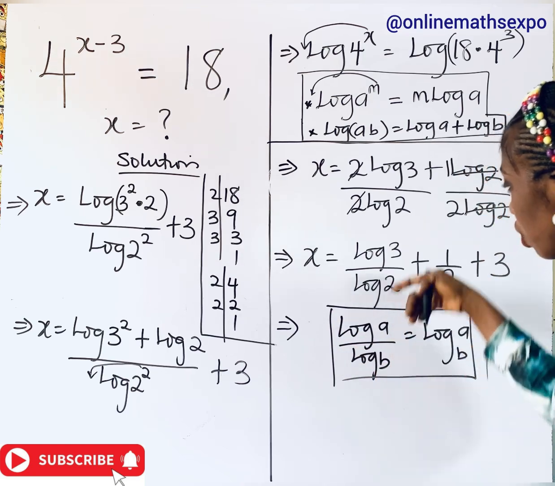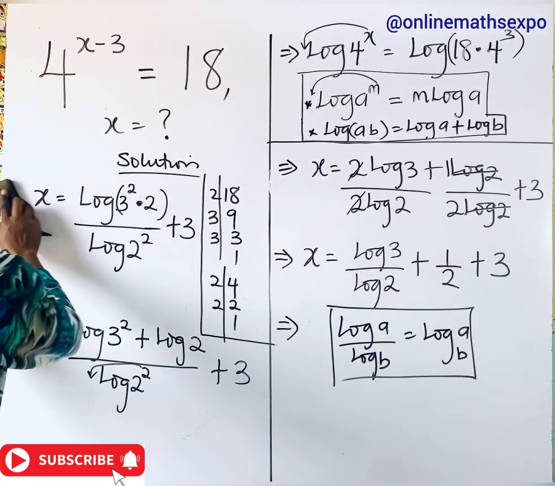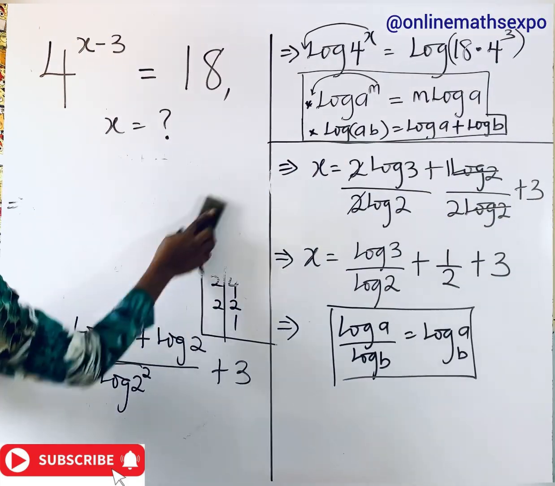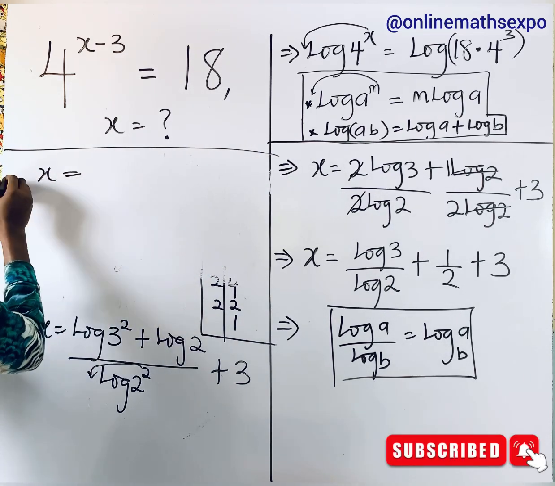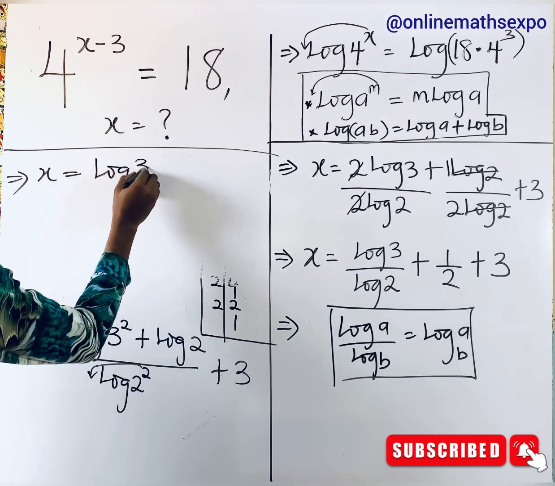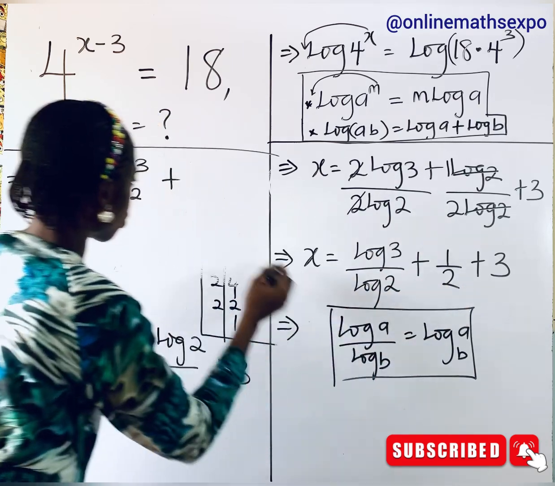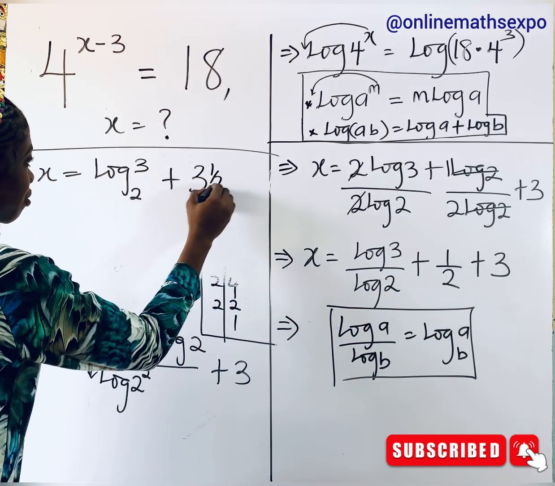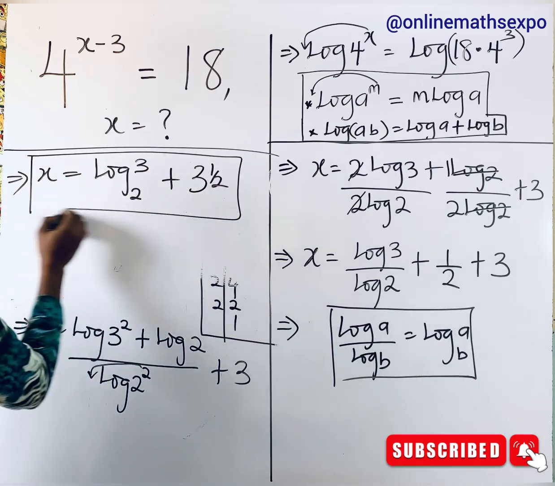So we're going to apply this rule here to get the final value of x. So if you do that, our x now becomes log of 3 base 2 plus, if you add this, it's going to give you 3.5, okay? So this becomes the value of our x.